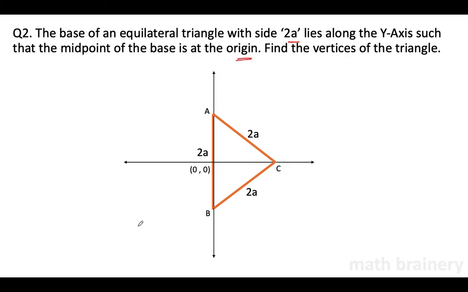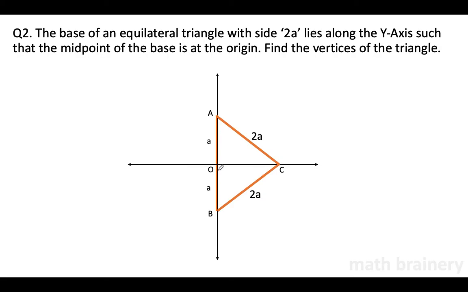So if this is the origin of this coordinate plane, let me say this is point O, then this point O is the midpoint of this line AB. Now if O is the midpoint of line AB, which is of length 2a units, obviously length of AO and length of OB will be same. So if this is 2a, naturally AO will be a units and OB will also be a units.